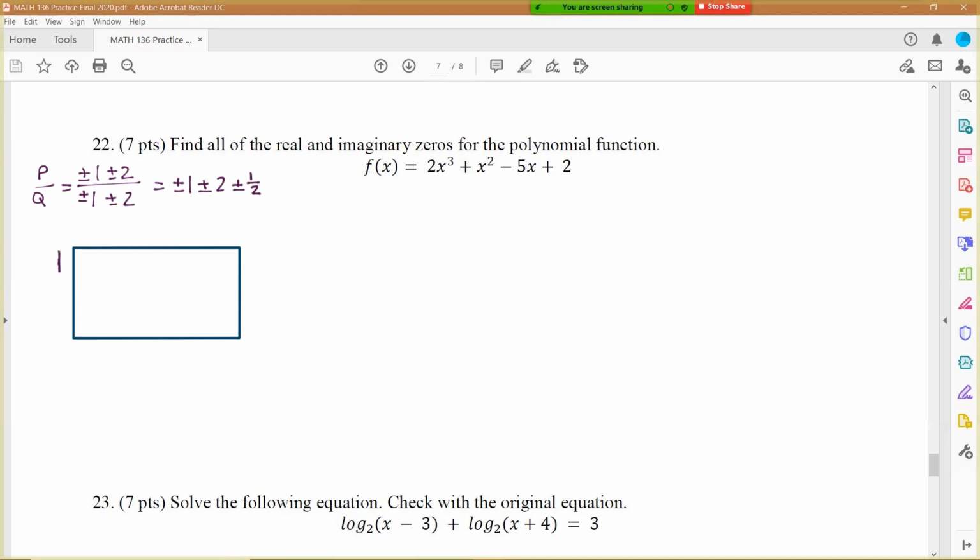Remember, if 1 works and we get a remainder of 0, we're going to move on. So synthetic division again. My lines are crooked. That's fine. In your box, you write your leading coefficients, 2, 1, negative 5, and 2.